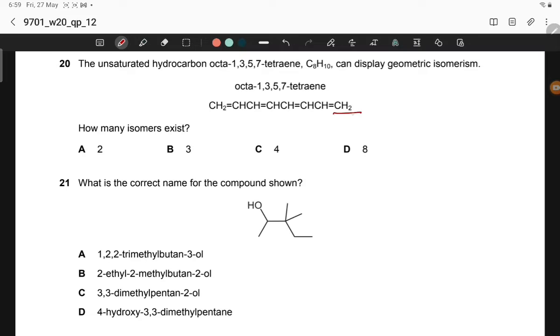This is CH2, CH2, so this end will not show cis-trans isomerism. So the internal double bonds show cis-trans isomerism.